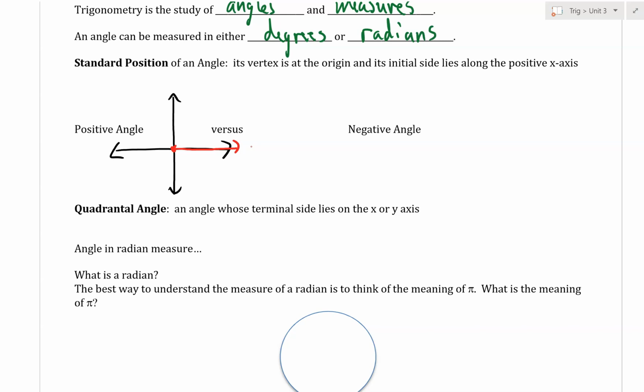Then we would have something called a terminal side, something maybe like this. Here's our angle measure right here, and it is positive. This would be the initial side, and this would be the terminal side.